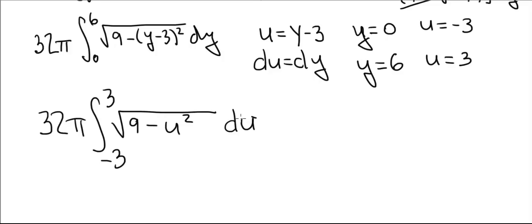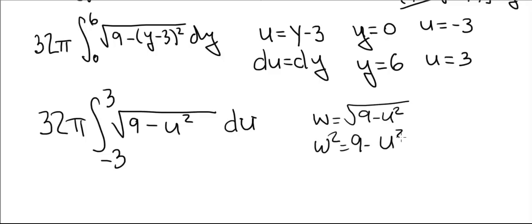Now, if we had to evaluate this integral from scratch, we would have to use a technique called trigonometric substitution. But we can do this integral without actually integrating, because if I let w equal the square root of 9 minus u squared, and square both sides, w squared equals 9 minus u squared, therefore u squared plus w squared is 9.